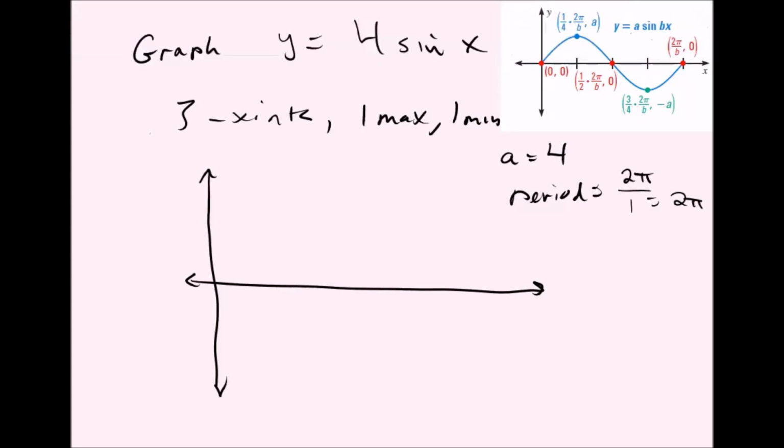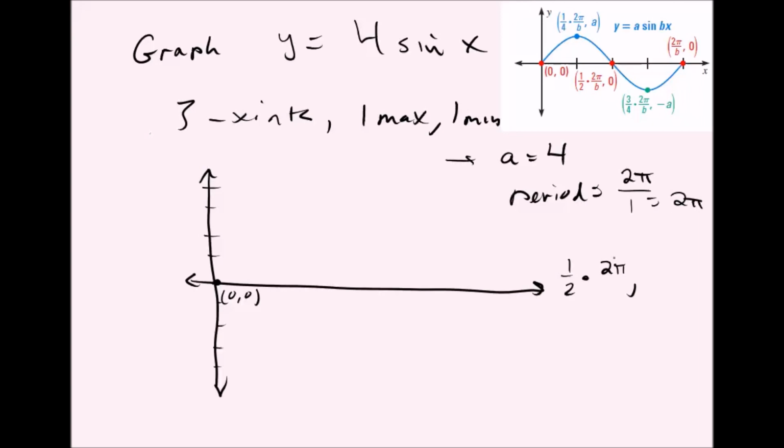But let's go ahead and find some points. So the first intercept is at 0, 0, so we're just going to put a dot there. We know the graph's amplitude is 4, so that means it's going to go all the way up to 4 and down to negative 4. The second x-intercept will be calculated by the formula 1/2 times the period, which is 2 pi.